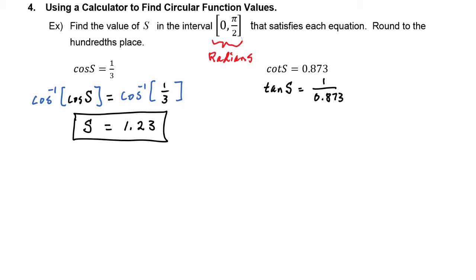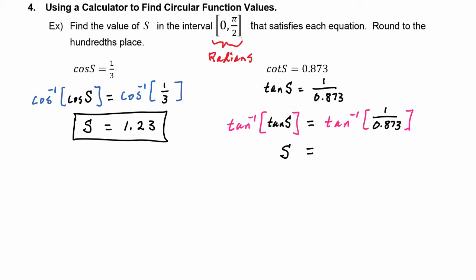Now we'll want to take the tangent inverse of both sides. On the left-hand side, we're going to take the tangent inverse of the tangent of s, and on the right-hand side, we're going to take the tangent inverse of 1 over 0.873. We know the tangent inverse of the tangent of s becomes s.